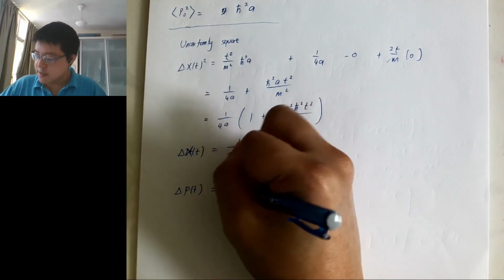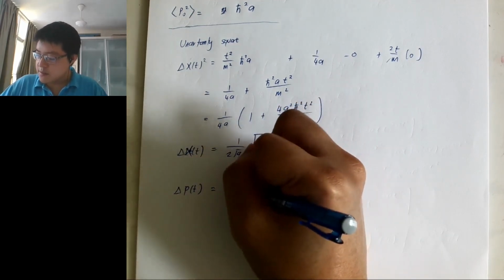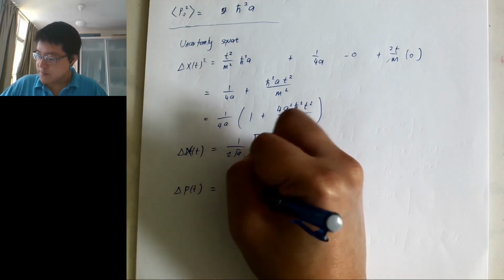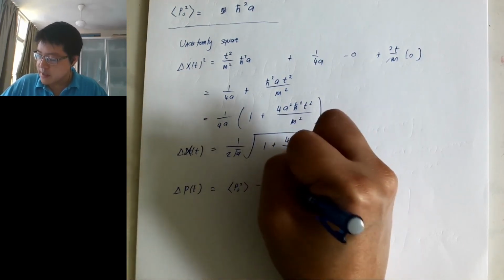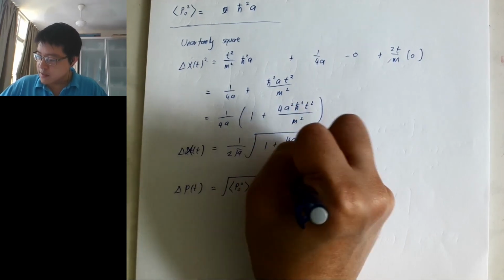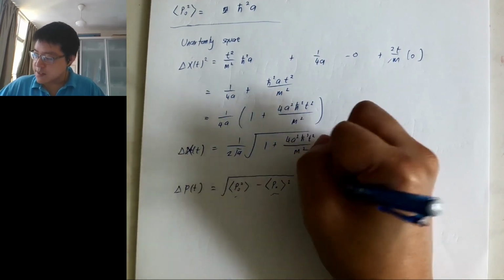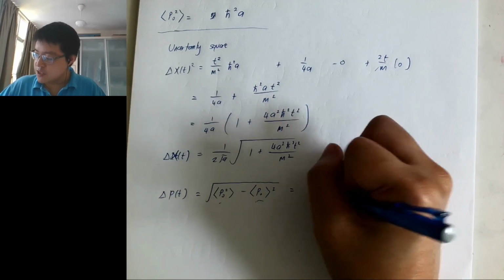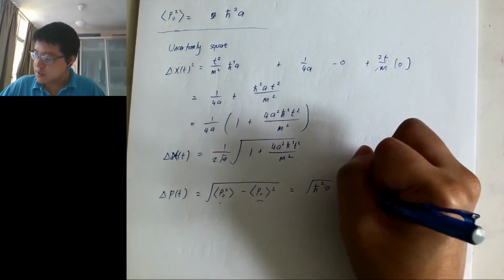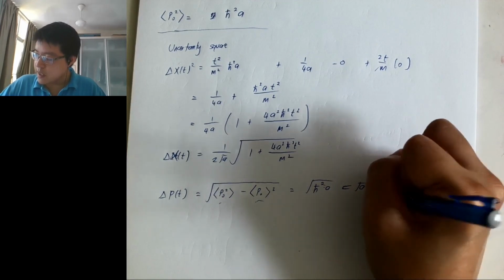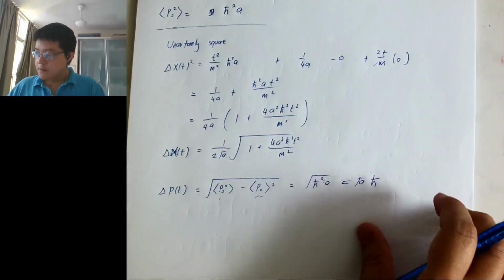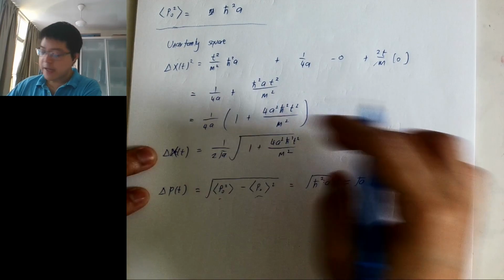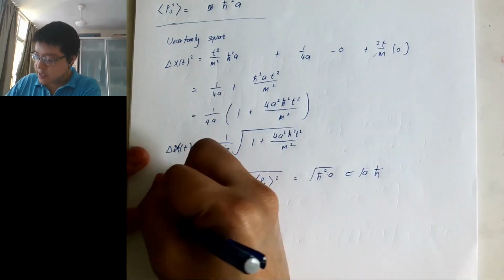This was delta p squared, minus the expectation of p, squared. We know that this term is 0. This term we have also calculated. This is h bar squared a. So delta p is the square root of that, which equals root a h bar. Okay, so now we have the two uncertainties, so we can check the uncertainty principle.